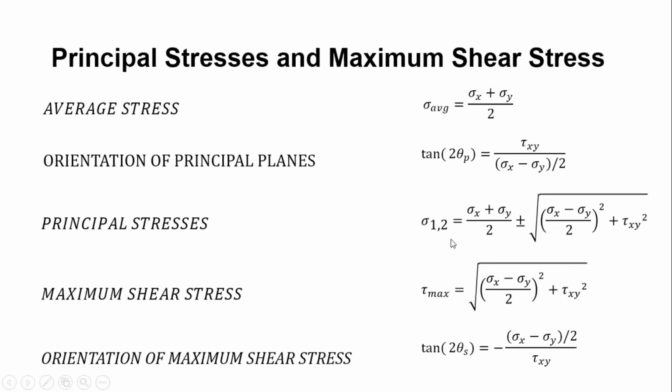If you notice, our principal stress is just a combination of the tau max formula and the average stress. The first part comes from this formula, and the second part is this formula.